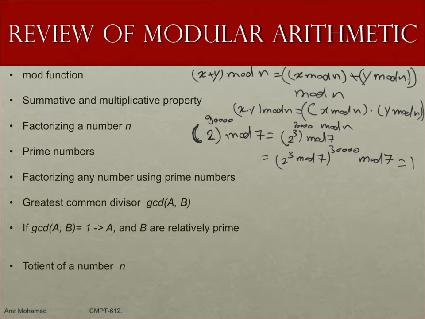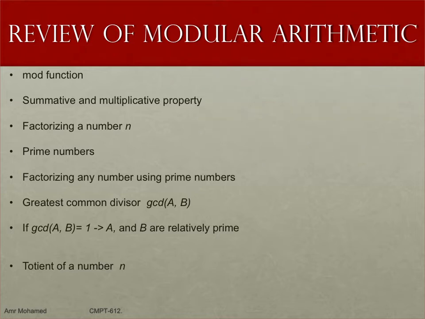So in other words, we come back to the next level where we discuss the factorization of any number. Factorizing any number means that we need to find all the divisors of that particular number. So let's try a number n.